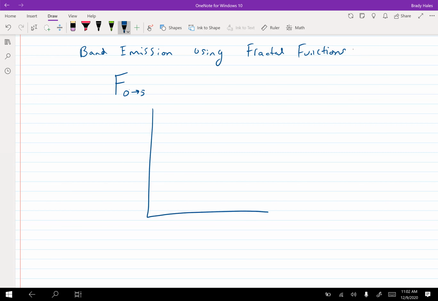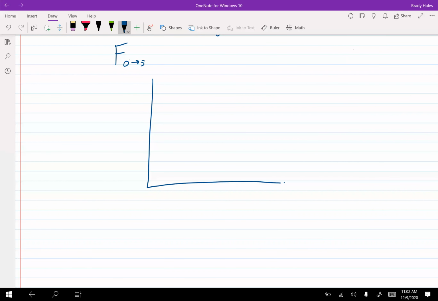Let's say you have a graph. This is lambda, and this is your emissive power. Let's say you have some graph like this.